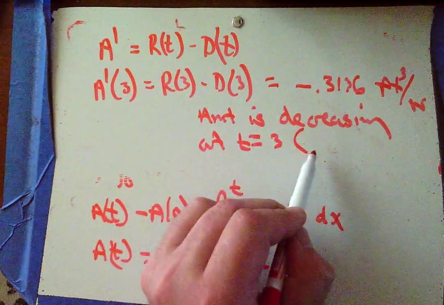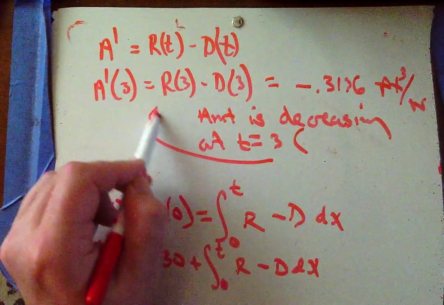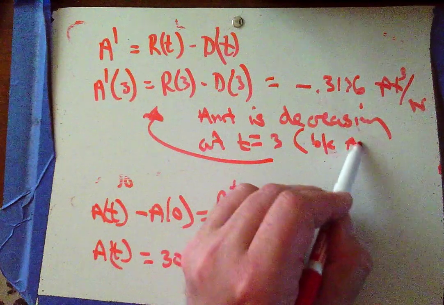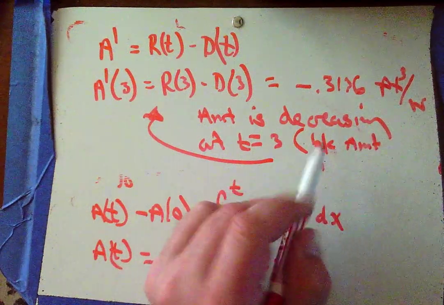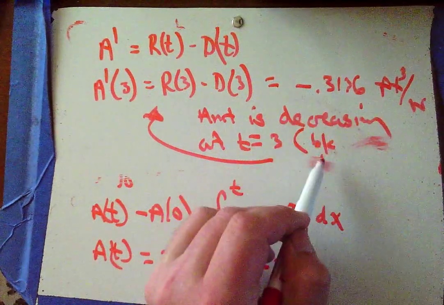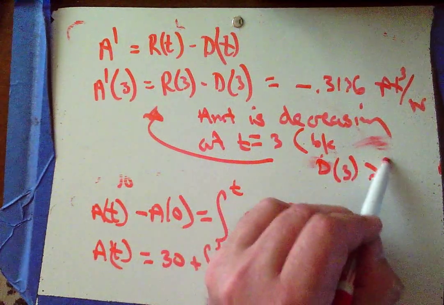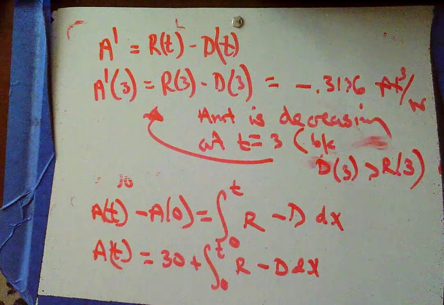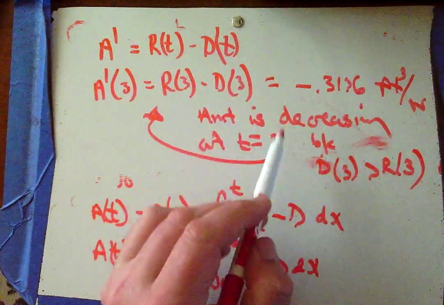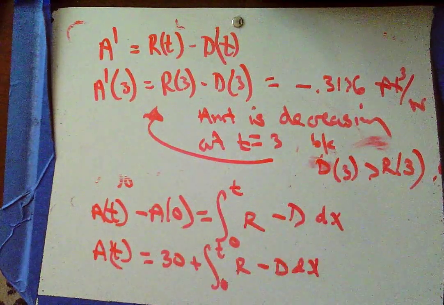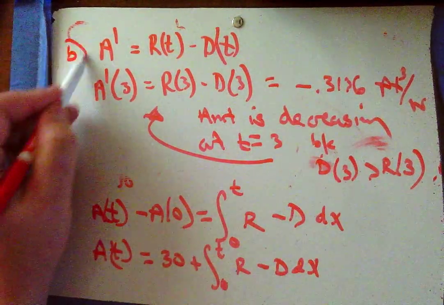And you could say, as if this weren't enough reason, you could say, better yet, D(3) is greater than R(3). Okay, so there's part B.